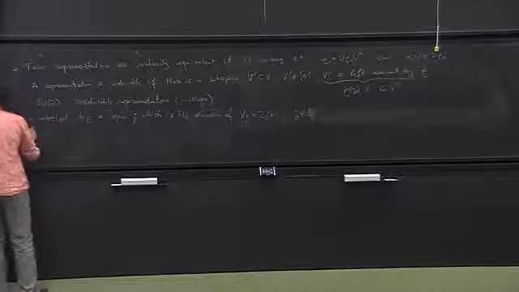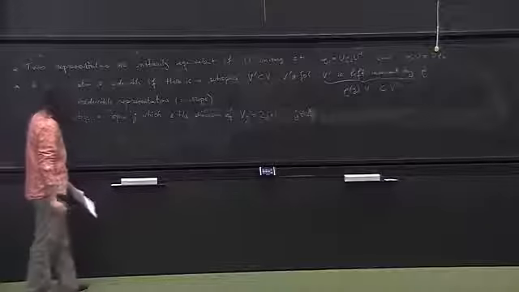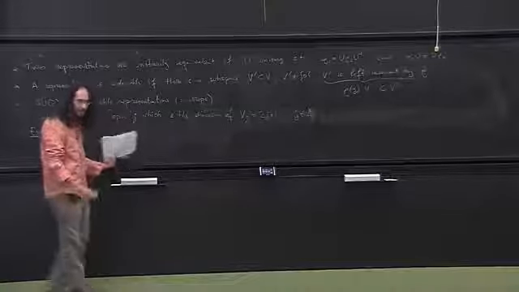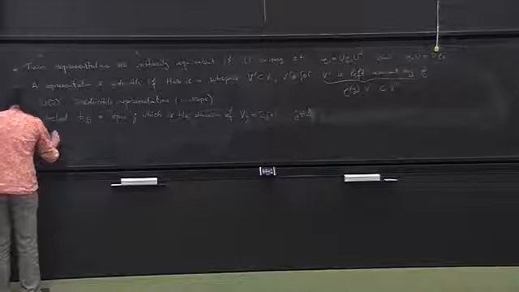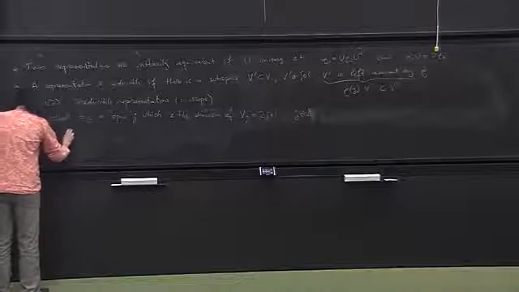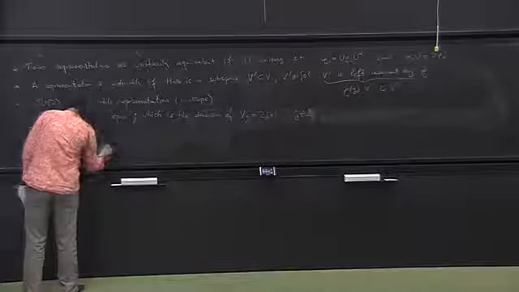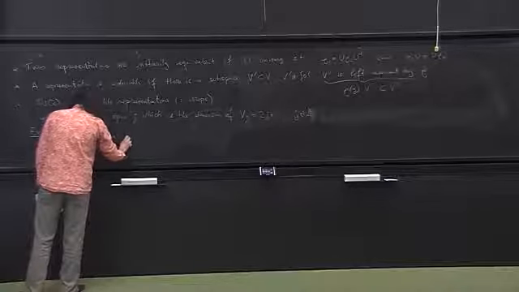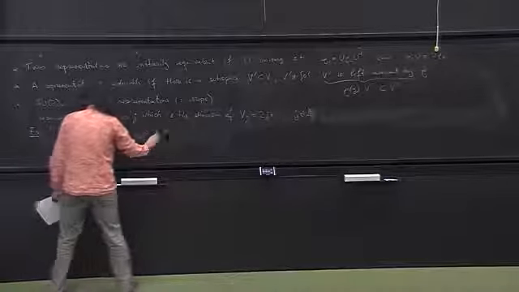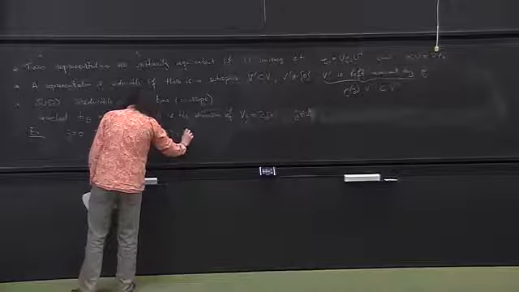I can tell you about the first three examples, where j equals 0, 1/2, and 1. So j equals 0 is the trivial irrep, because rho of g is just the identity for all g.